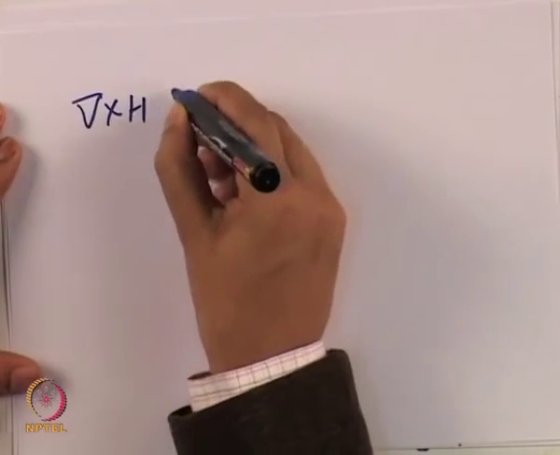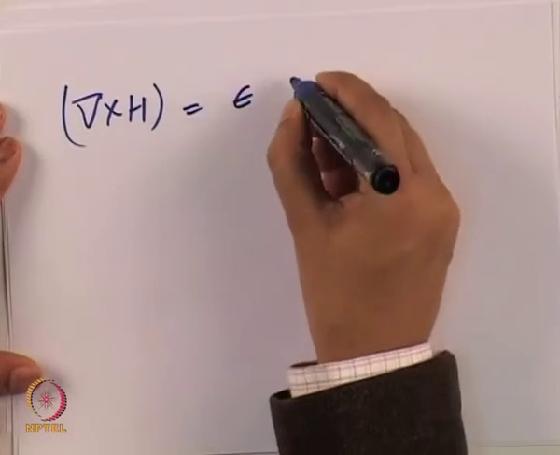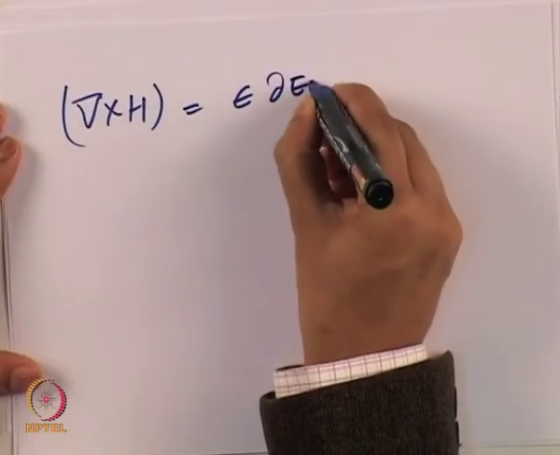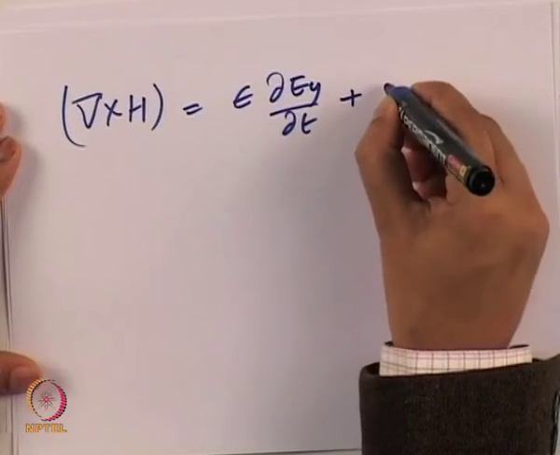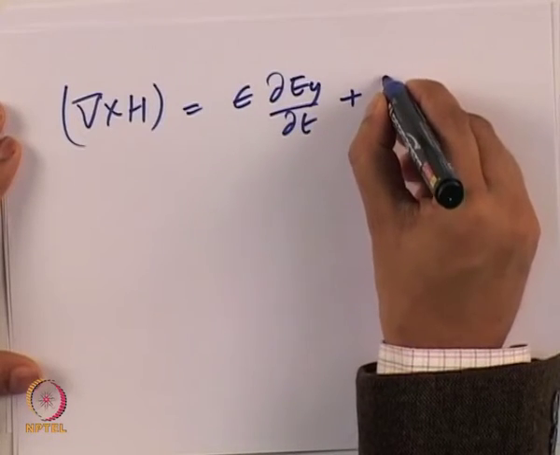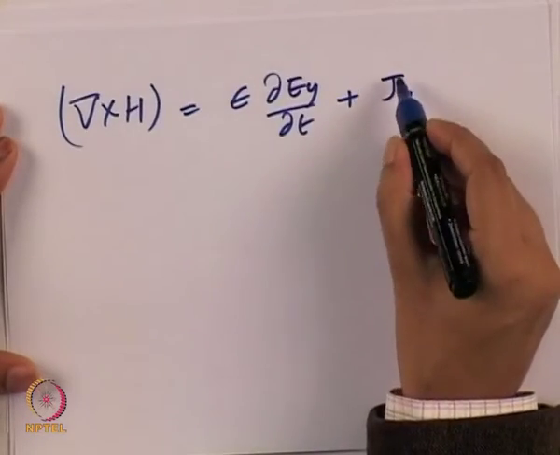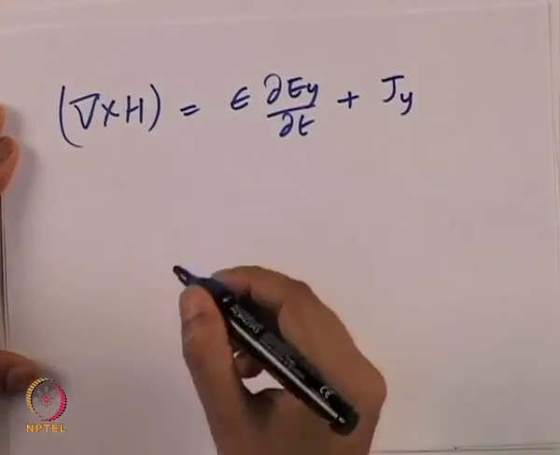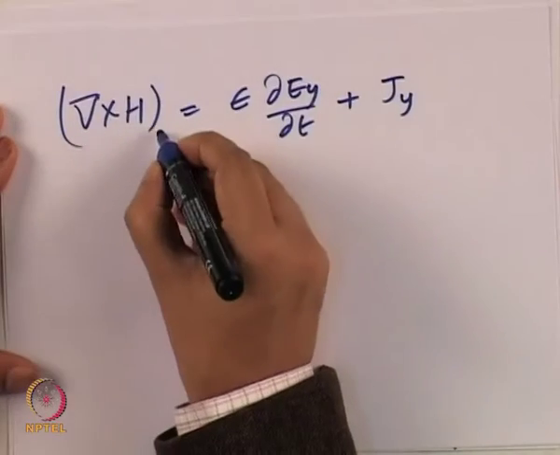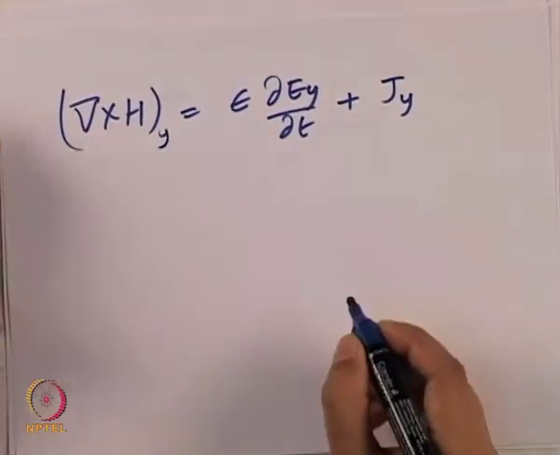Curl of H is equal to epsilon dou Ey by dou t plus Jy, because we are assuming that E and J are going to be in the y direction. Now we can expand the value of the curl of H, and we are interested in the y component.